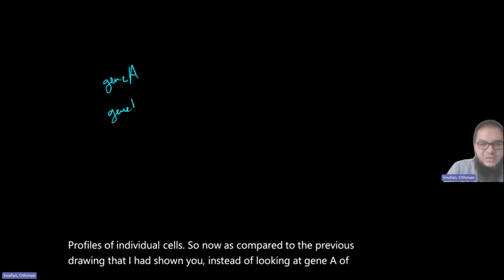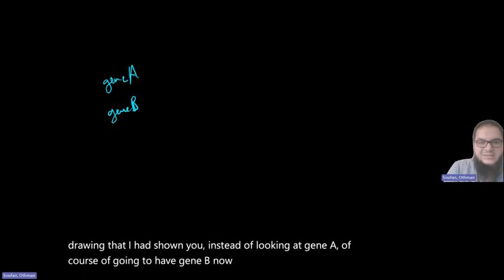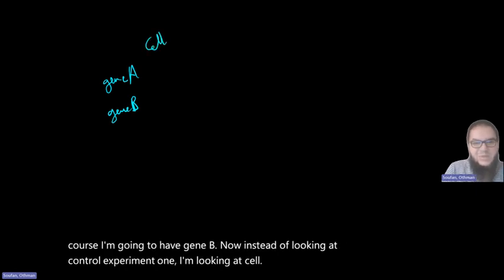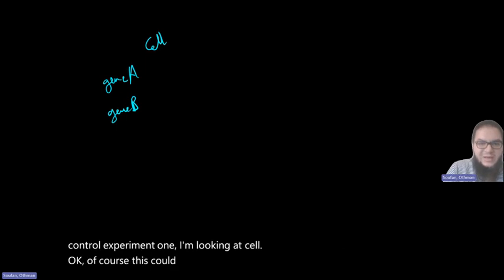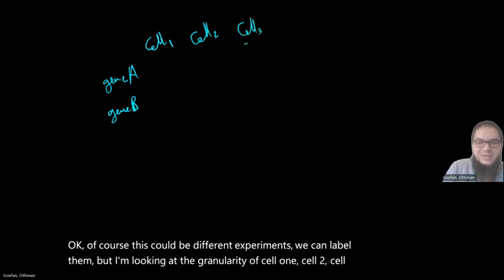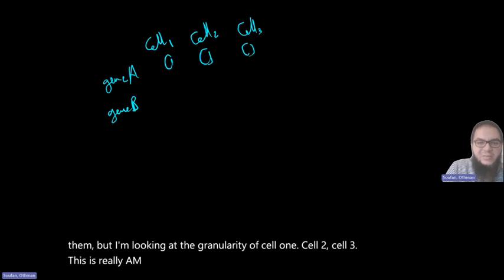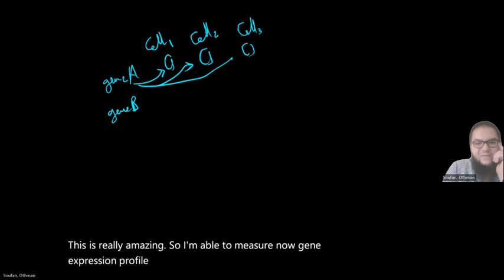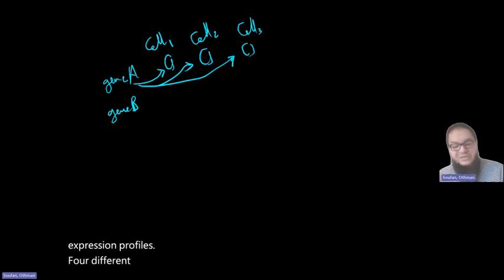So now, as compared to the previous drawing that I had shown you, instead of looking at gene A, of course, I'm going to have gene B. Now, instead of looking at control experiment 1, I'm looking at cell. Okay, of course, these could be different experiments. We can label them, but I'm looking at the granularity of cell 1, cell 2, cell 3. This is really amazing. So I'm able to measure now gene expression profiles for different types of cells.